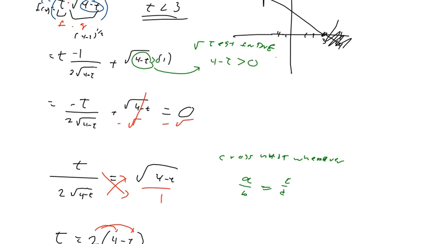So we do a little test over here. If I add t to both sides, I get that 4 has to be greater than t. Or if you flip it around, t has to be less than 4.